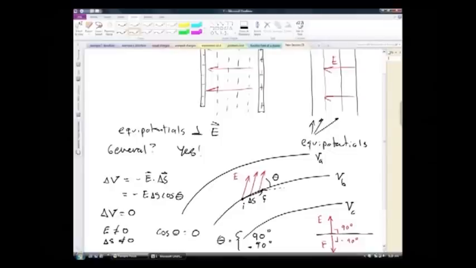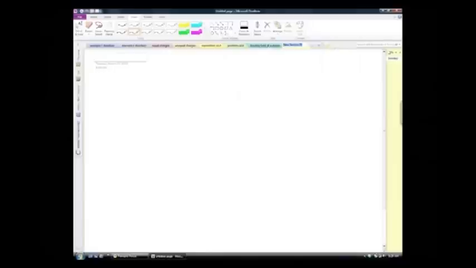But you still have two possibilities, right? If this is the equipotential that you have, some potential value, whatever it is, how do you know if the electric field direction is this way, or the other way?